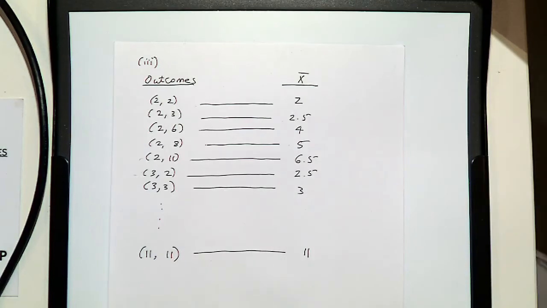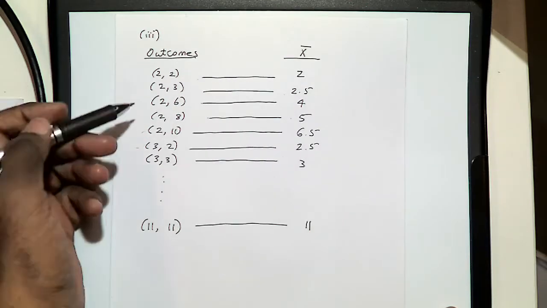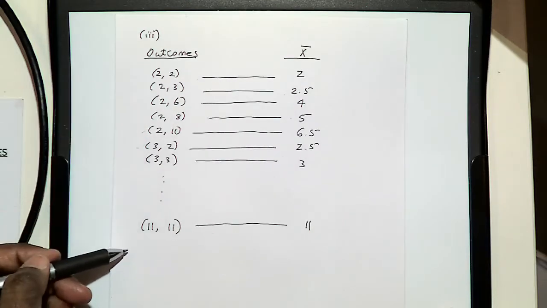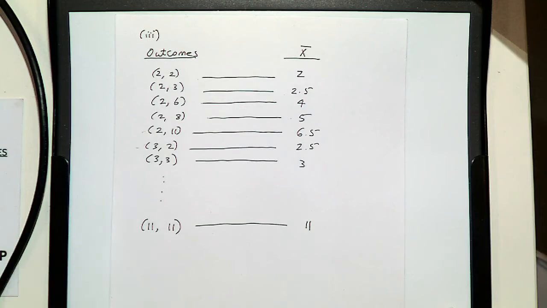Now once you draw this table, the next thing to do is to construct another table. Each of these pairs has equal probability, and you have 30 different outcomes, and each of them has probability equal to 1 over 30.